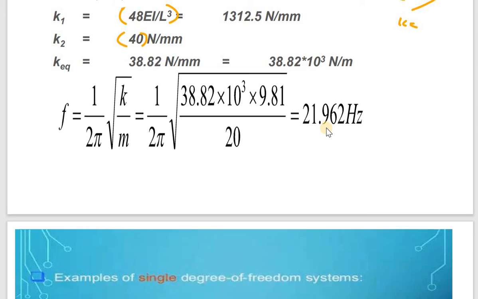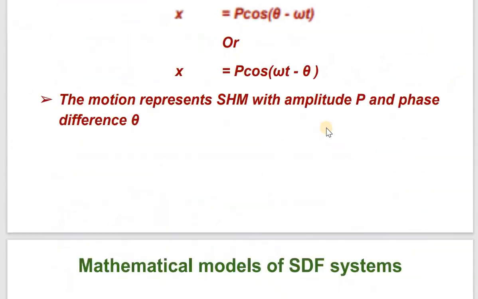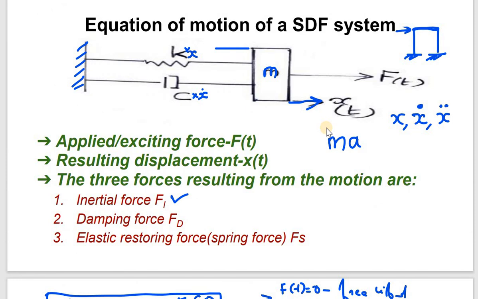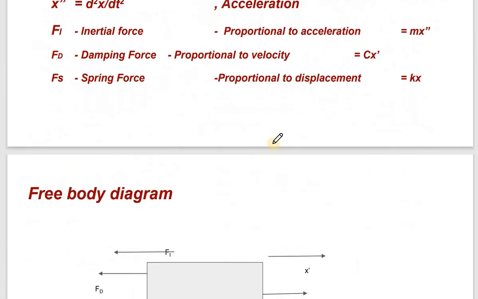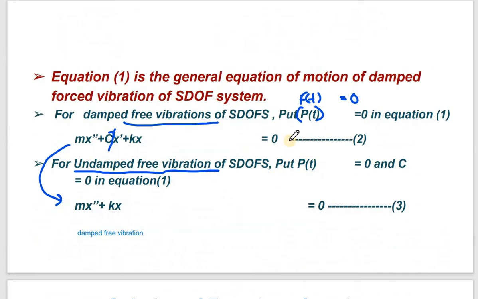So these are the topics we needed to cover in this class. We started with the general equation of motion that we derived in the last class. Here we assume that the load is equal to 0, so the equation is m x double dot plus c x dot plus k x is equal to 0.